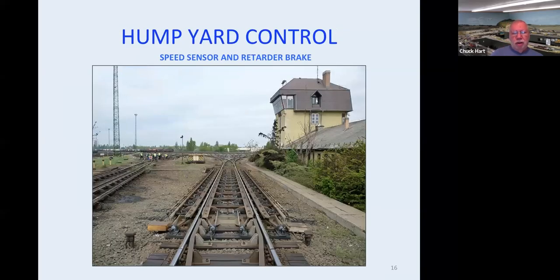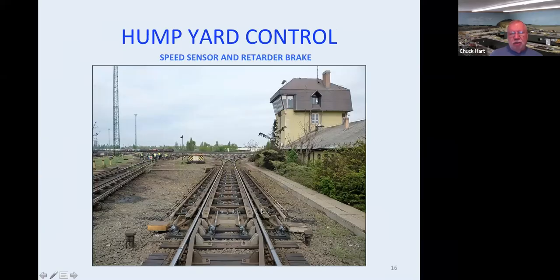So here's one looking downhill at the track, and there's probably 2 or 3 of these retarders behind the photographer. There's these little boxes right here, and these little things sticking up on both sides. Those are sensors sensing the speed of the car as it goes down.